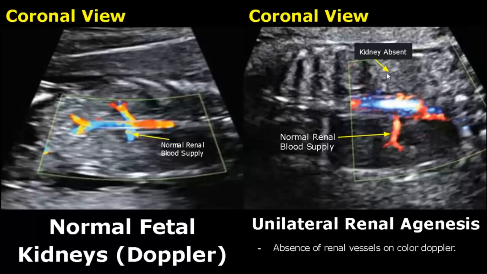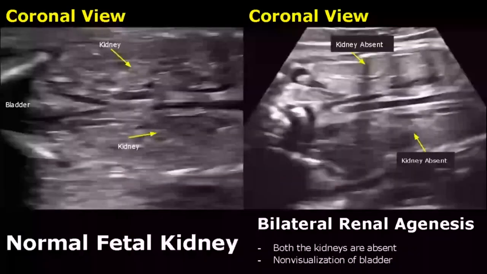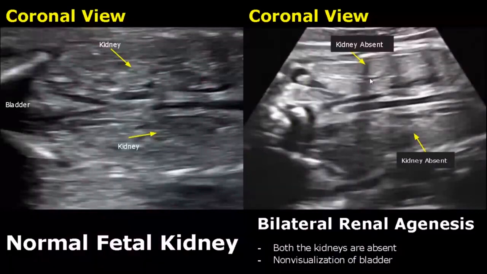That means there is only one kidney and there is no renal vessel located here. In bilateral renal agenesis, there is absence of both the kidneys and it is a lethal condition. Here we cannot see any kidney on either side.